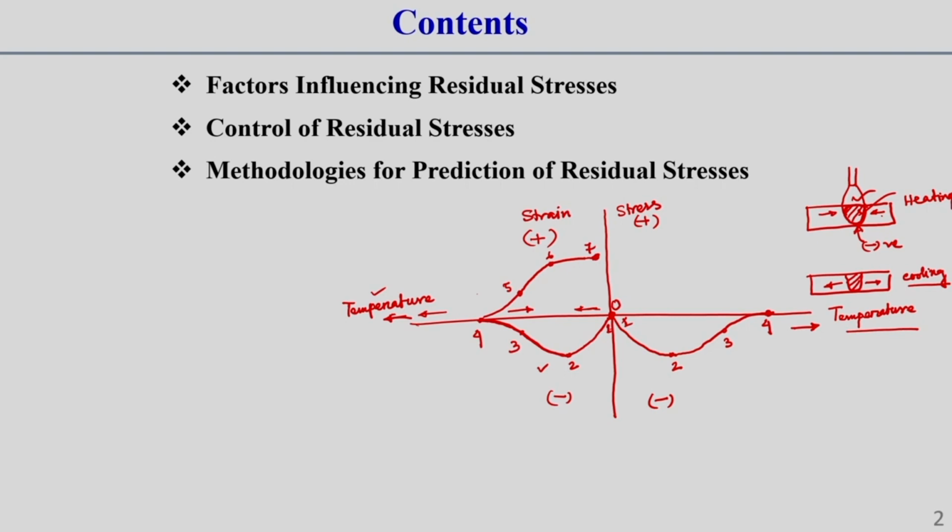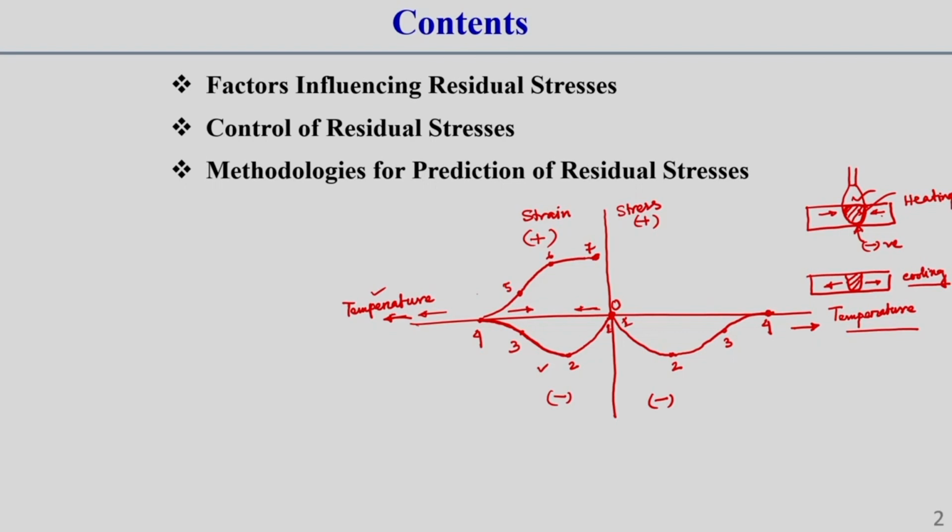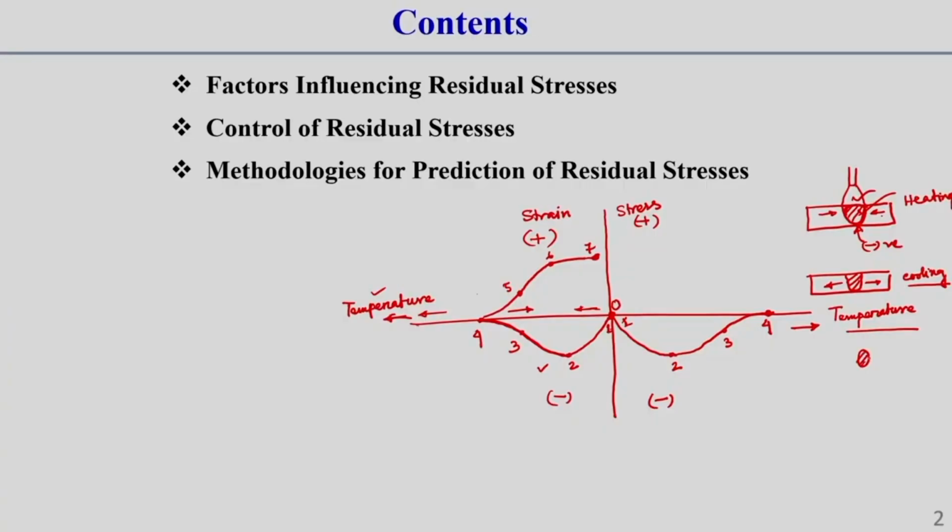How is this tensile strain generated? It is generated because the weld zone is trying to shrink, but it is resisted by the surrounding cool material, correct. Due to this, the weld zone is subjected to tensile types of force.